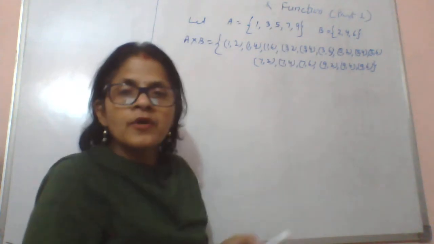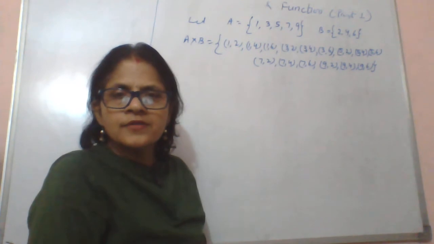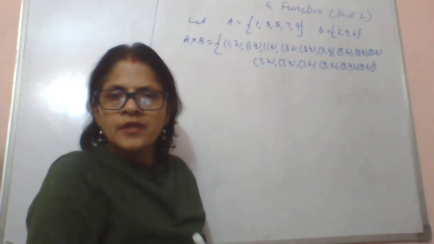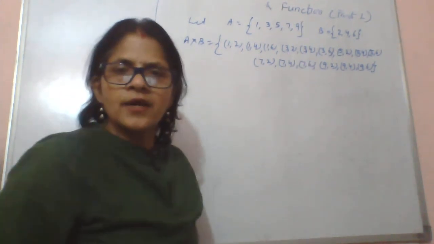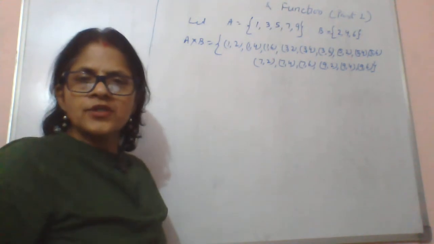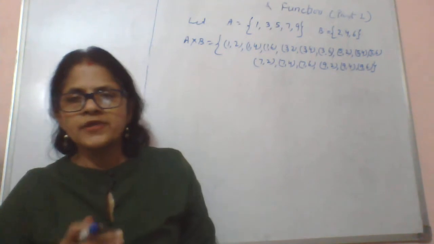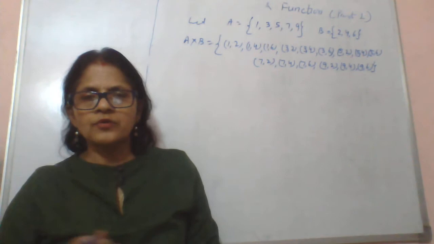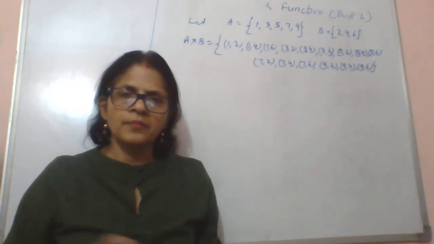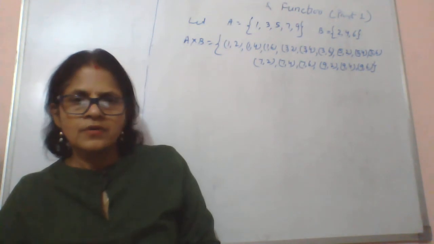So the number of elements in A Cartesian product B is always the number of elements in A into the number of elements in B. Okay, and here you see these are the ordered pairs. Now if I take the relation from A to B, see, when you take a relation it is always between two objects, like relation between two people, relation between two numbers, relation between two triangles, relation between two objects.